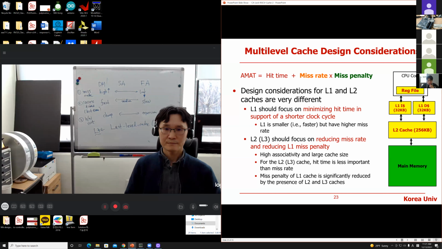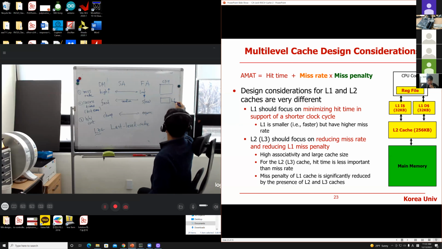L2, L3 should focus on reducing miss rate and reducing L1 miss penalty, with high associativity and large cache size. For L2, L3 cache, hit time is less important than miss rate. Miss penalty of L1 cache is significantly reduced by the presence of L2 and L3 caches. Okay, thanks.